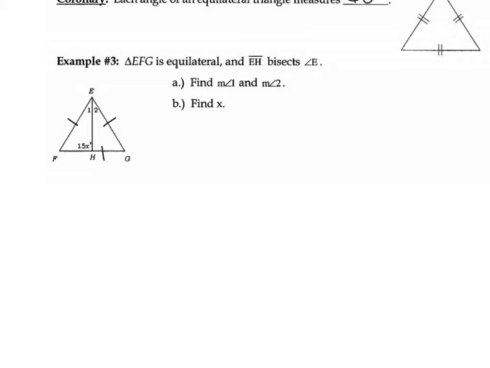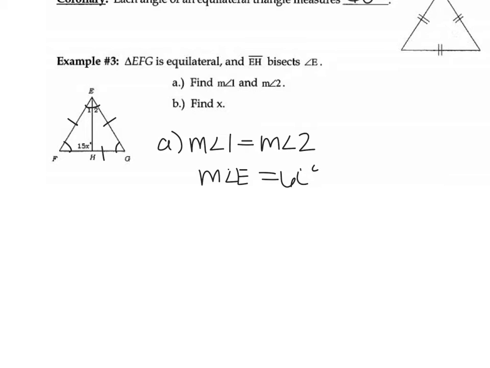It also tells me that angles F, G, and E all measure 60 degrees. And since EH bisects that angle, it means it splits it in half. So since we know the measure of angle 1 equals the measure of angle 2, and we know the measure of angle E is 60 degrees, splitting that in half tells me that the measure of angle 1 and the measure of angle 2 are both 30 degrees.